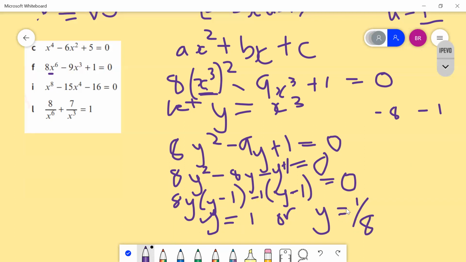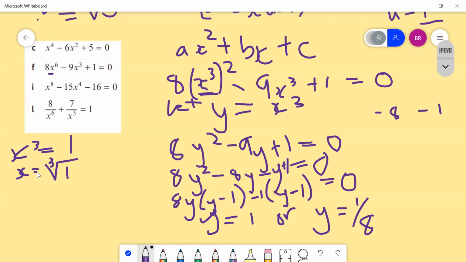Given this, I can now go back to where I said y is the same as x to the power of 3. It means 1 is equal to x to the power of 3. If x to the power of 3 is equal to 1, it means x is the cube root of 1, a number that we multiply by itself 3 times to get 1.